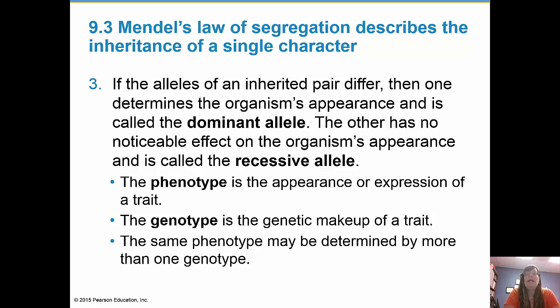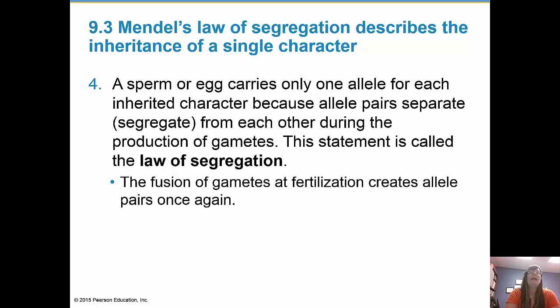So the phenotype is that appearance, the expression of the trait, so purple versus white. And the genotype is the genetic makeup of that trait, so uppercase P, lowercase p. The same phenotype can be determined by more than one genotype, meaning that 2 uppercase P's produce purple flowers, and an uppercase P and a lowercase p also produce purple flowers.